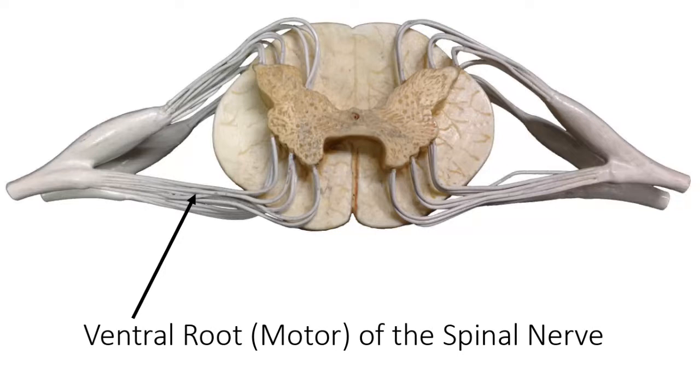Okay, and then we just learned this today. The spinal nerve, as it leaves the vertebral column through the intervertebral foramen, gives off a branch.